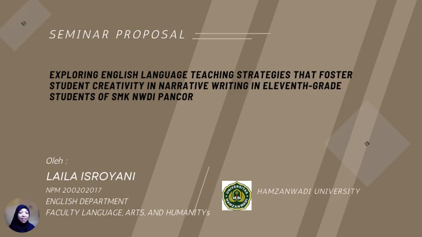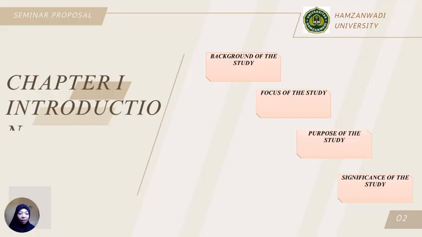Okay, next I will explain about my proposal. We start from chapter 1, which is the content. In chapter 1 is the background of the study, focus of the study, and purpose of the study, and the last is significance of the study.